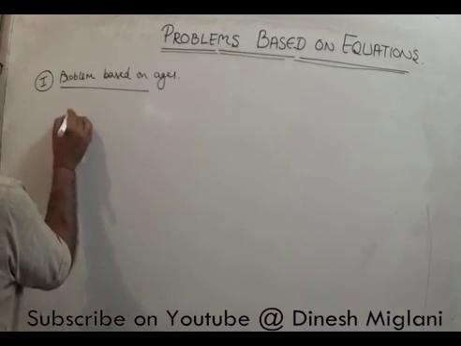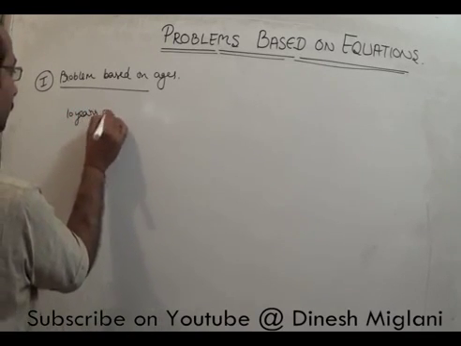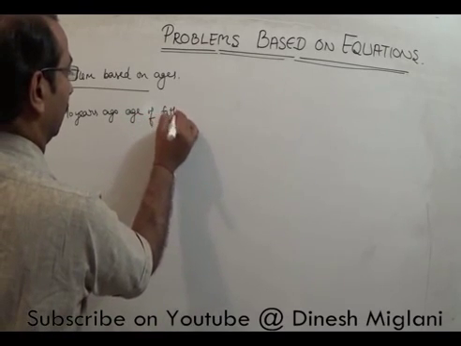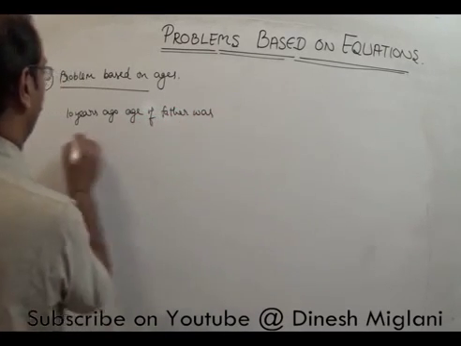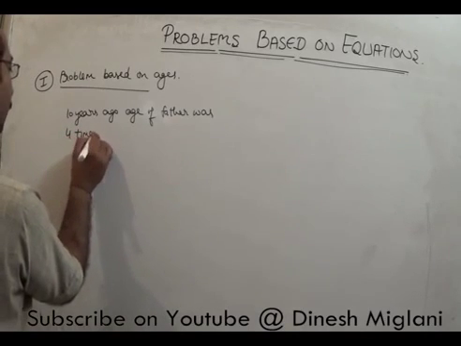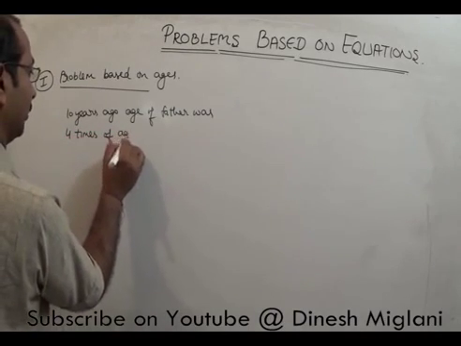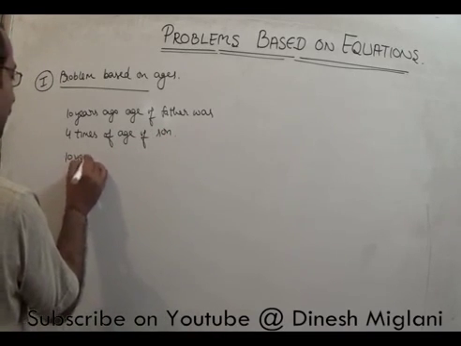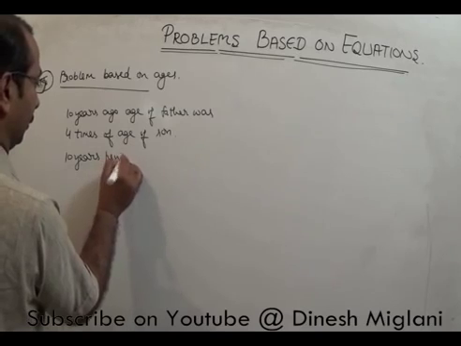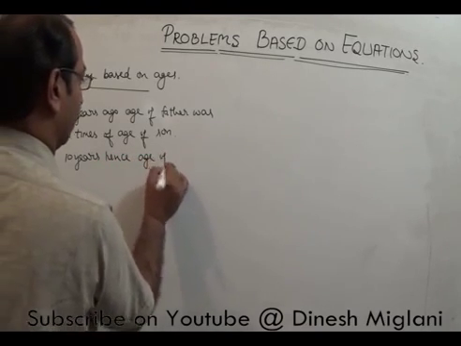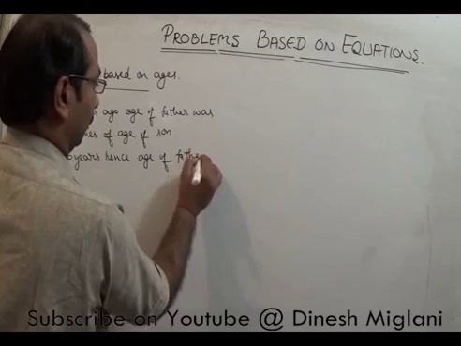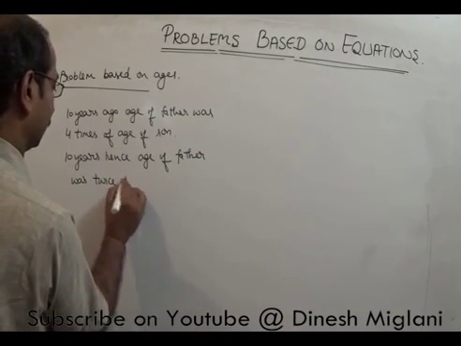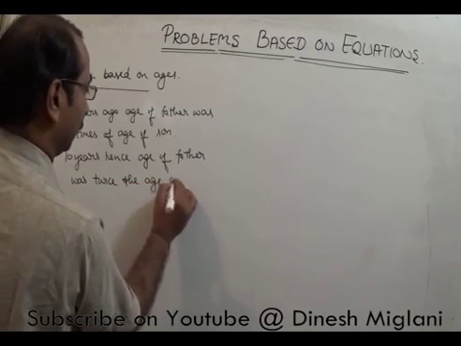It is given that 10 years ago, the age of father was 4 times the age of son. 10 years hence, the age of father will be twice the age of son.